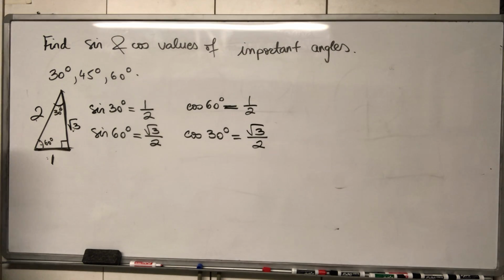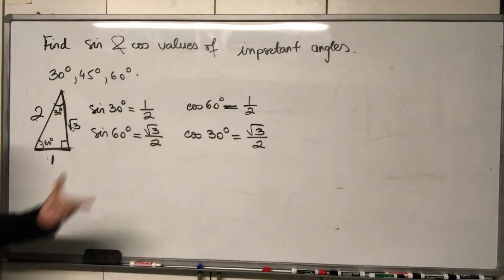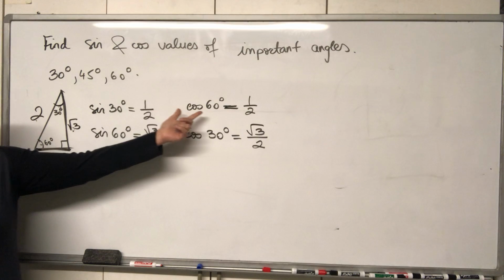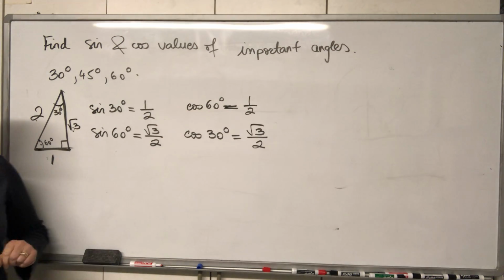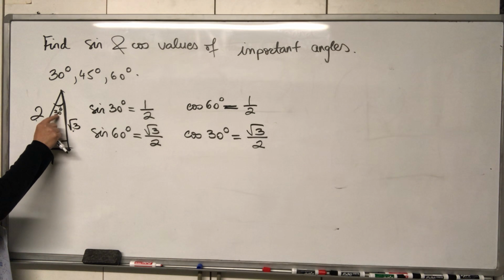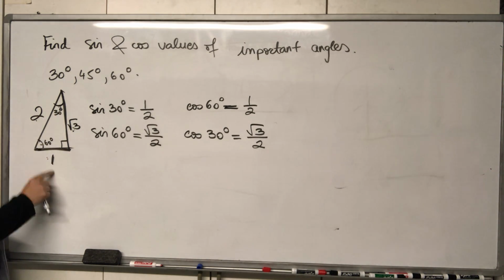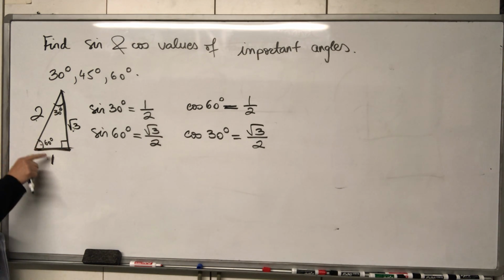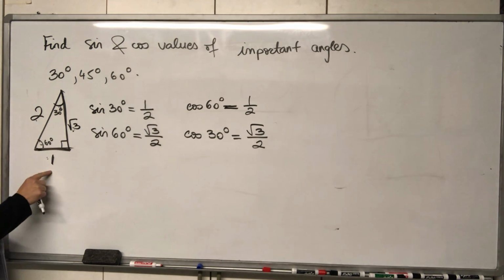So sure enough, what I wanted you to see is that sine of 30 degrees is the same thing as cosine of 60 degrees, and that is why. Because the opposite side to 30 is the adjacent side to 60.